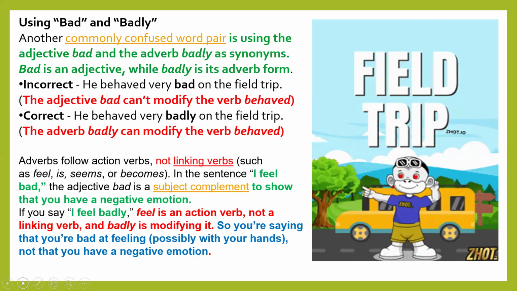Bad is an adjective, and an adjective only modifies a noun or pronoun. So adverbs follow action verbs, not linking verbs. This point should always be noted: adverbs follow action verbs, not linking verbs. Linking verbs are feel, is, seems, becomes, etc. Take the example, I feel bad.